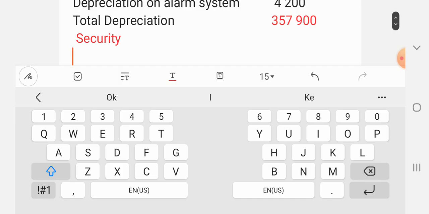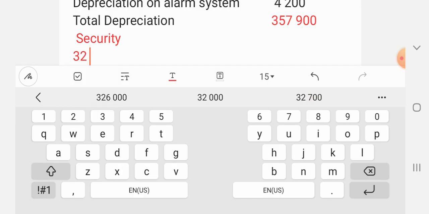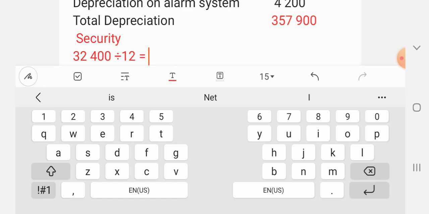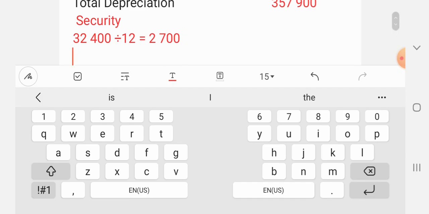We paid 32,400. Let's divide that by 12 months. It said it was paid for 12 months, and then we get 2,700 rand. Now the 2,700 rand will be multiplied by 5 months. We paid it from 1 August.